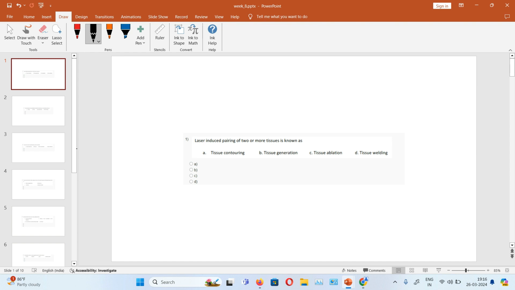So we have to use the laser power in such a way that the two tissues get combined. It's like the normal procedure of binding two metals, which is called welding. So if you are using a laser to weld tissues, it is called tissue welding. So the answer is B.